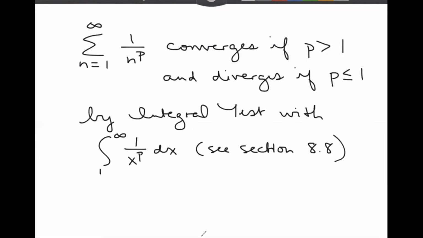So we spent a little bit of time in section 8.8 showing that this improper integral converges if p is greater than 1 and diverges if p is less than or equal to 1. So the corresponding series does the same thing, and we will make frequent use of that fact.